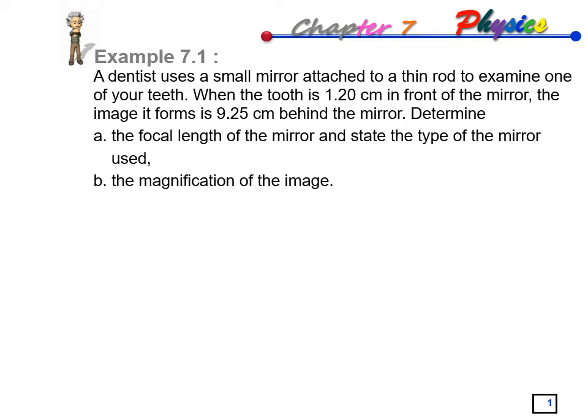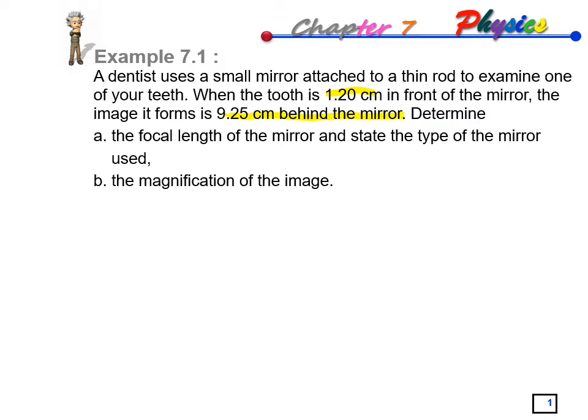In this one, we have a dentist who uses a small mirror attached to a thin rod to examine one of your teeth when the tooth is 1.2 cm in front of the mirror. The image it forms is 9.25 cm behind the mirror.